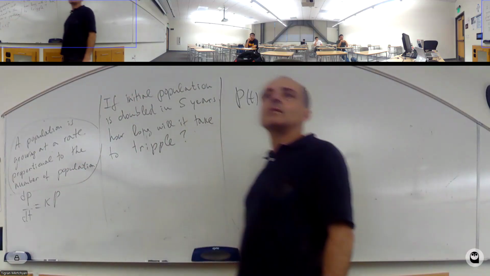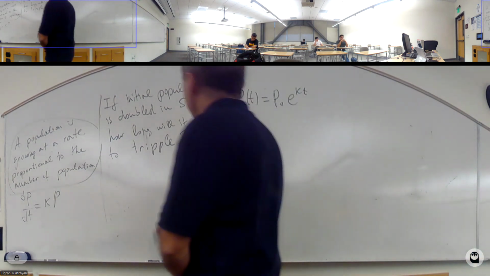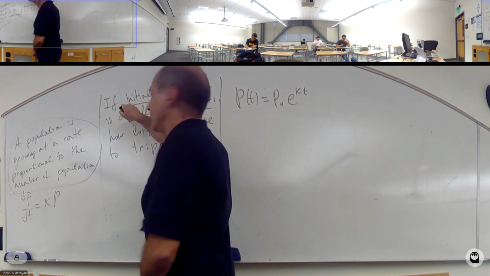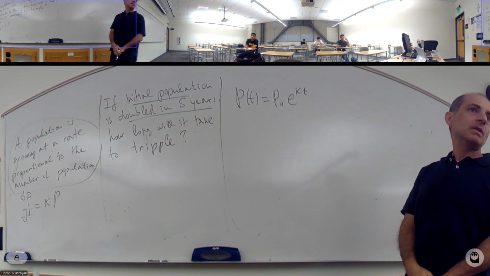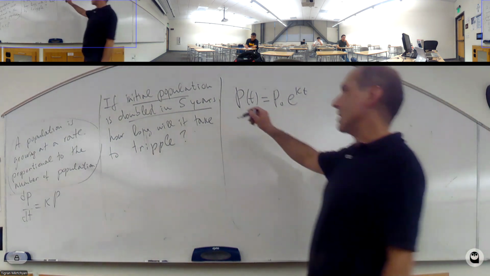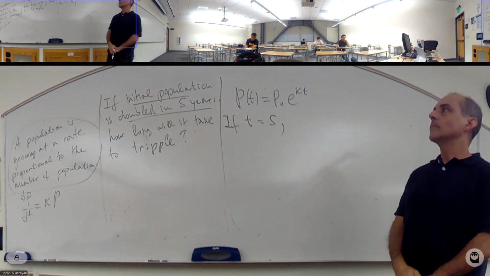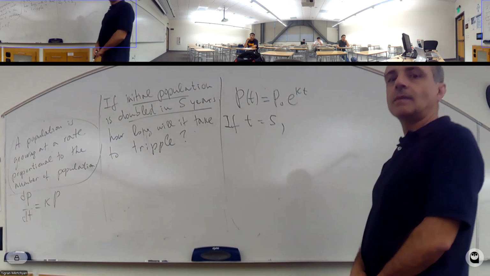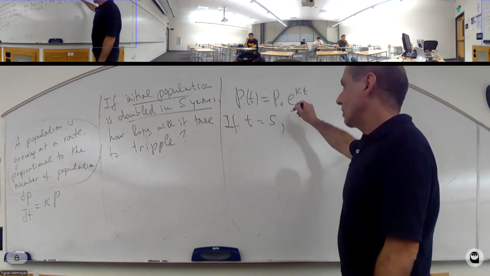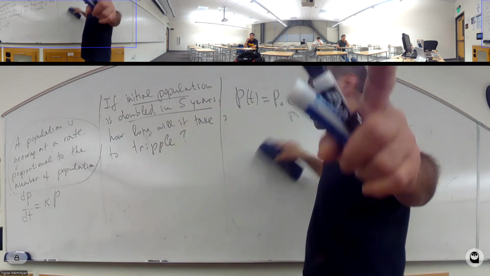We solved that. Does that make sense? Okay, now what do we have? Initial population doubled in 5 years. What does that mean in terms of symbols? So t equals 5. If t equals 5, the initial population doubled: 2P0. So let me first write it differently.